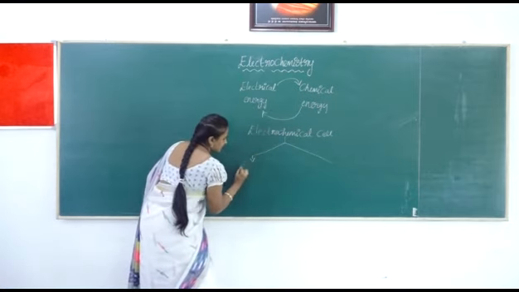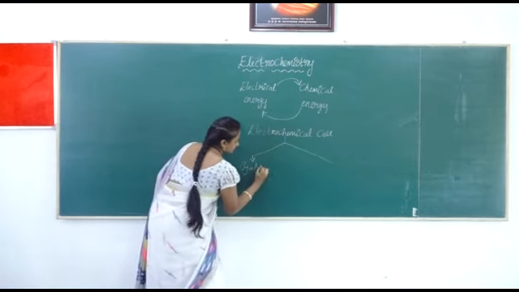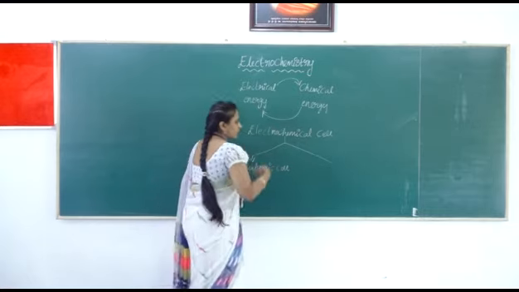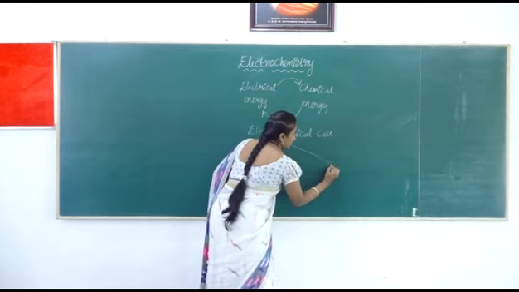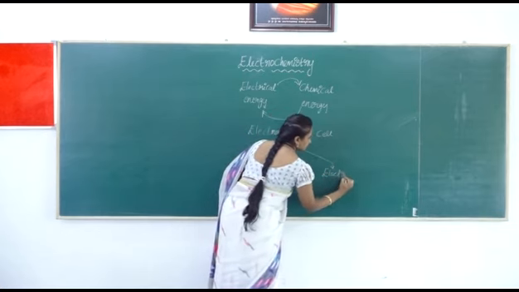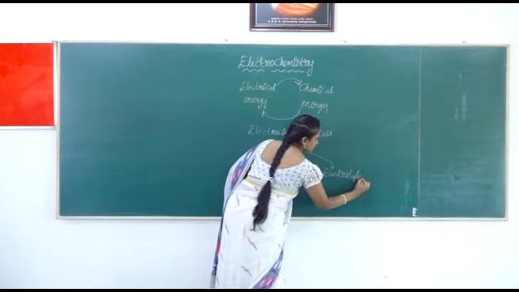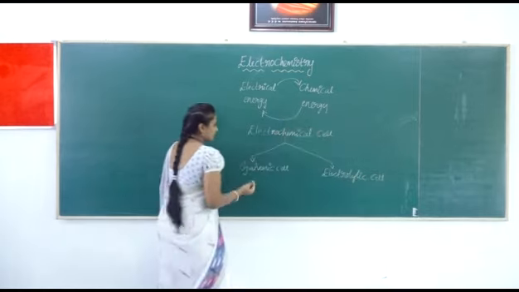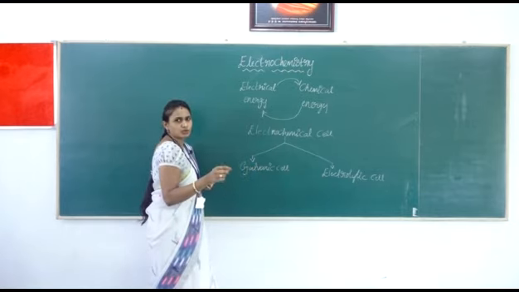One is the galvanic cell, another one is the electrolytic cell. Your galvanic cell is also called a voltaic cell.